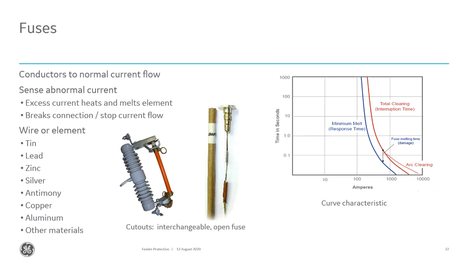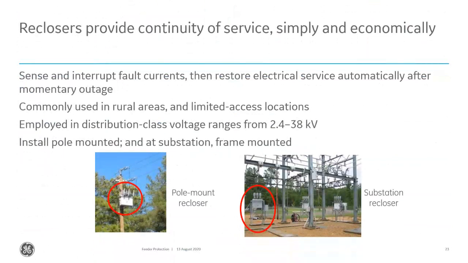Whereas an auto recloser or a breaker needs some sort of intelligence to tell it when to interrupt fault currents or short circuit currents. That intelligence does come from our protective relays.